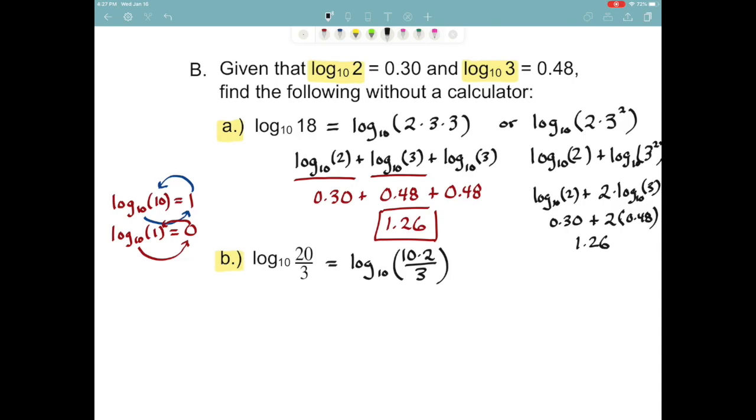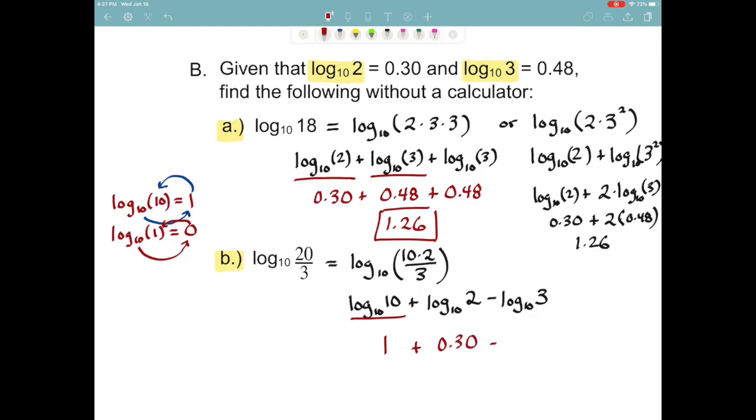Now if we use our properties, we could say this is like log base 10 of 10 plus log base 10 of 2 minus log base 10 of 3. Now we can substitute in the values that we know. Log base 10 of 10 is really equal to 1. Log base 10 of 2 we know is 0.30.